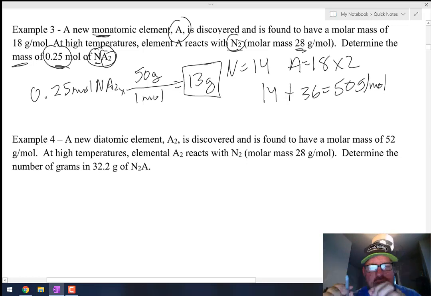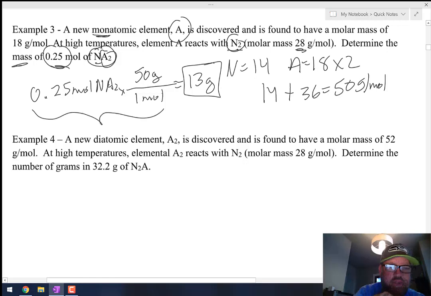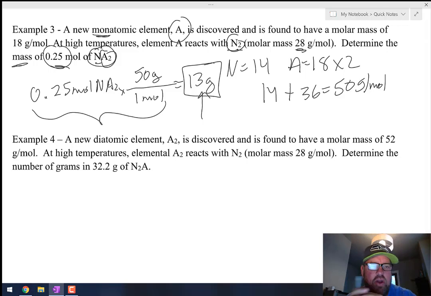And remember, on the AP test, you absolutely must show your work. Please. If you just write 13 grams, you are not going to get the point. You absolutely have to show where that number 13 comes from.